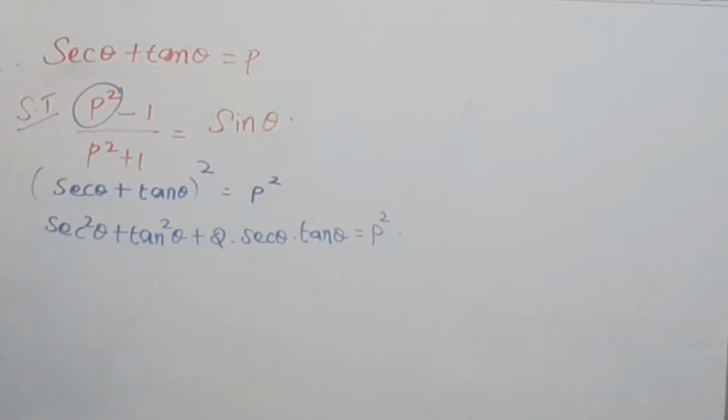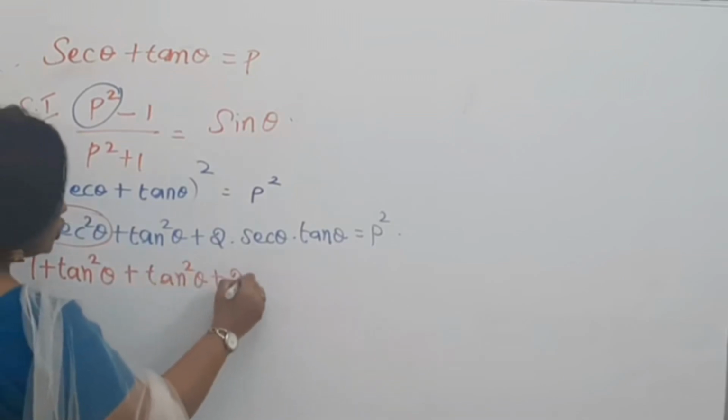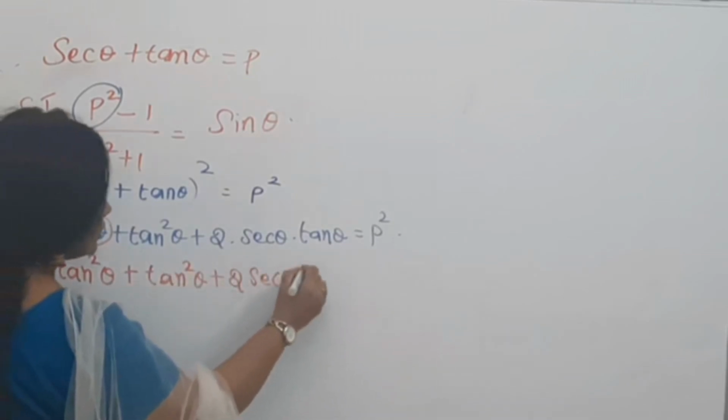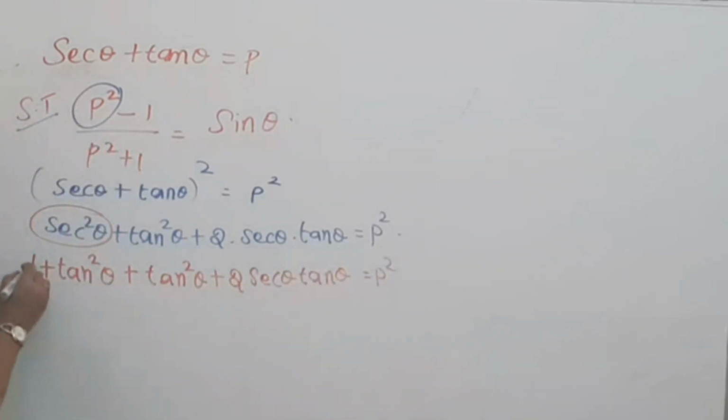Now you can see here sec square theta I can write as 1 plus tan square theta. So the identity I use is 1 plus tan square theta is equal to sec square theta, plus my tan square theta plus 2 sec theta tan theta is equal to p square.